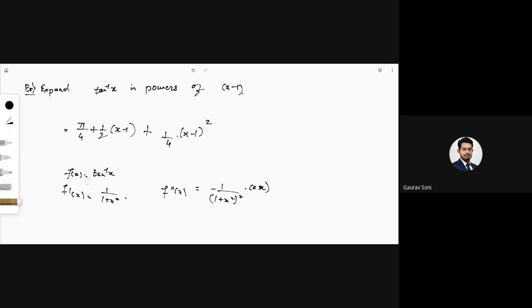Okay, fine. This is correct, it has to be minus. Next term is minus 1 by 12 into x minus 1 cubed.